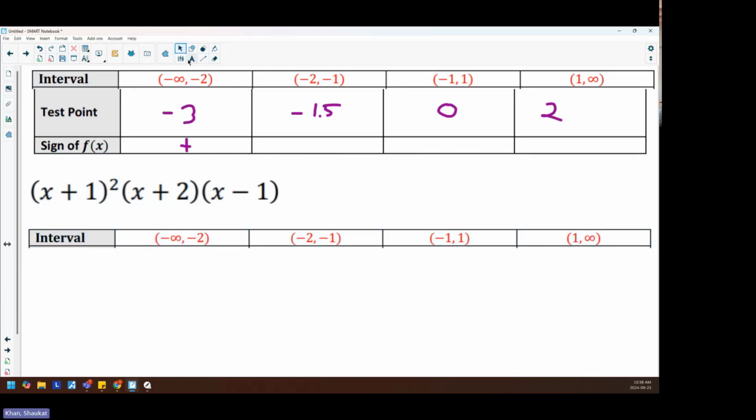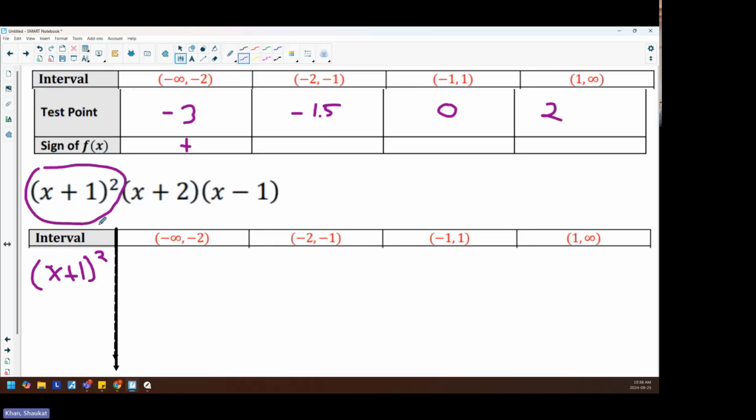Okay, so we have an interval, but then on this axis, we are going to write our factored form. We're going to write each individual factor. So x plus 1 squared, that's kind of like one factor, you could say. If you want to split it up and write x plus 1 twice, that's fine too.